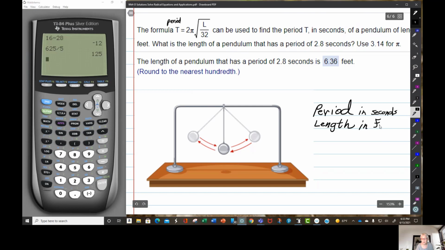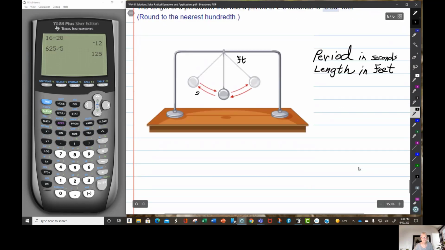So it's a big pendulum. Not a little pendulum like this. So this is going to be in feet. And this will be in seconds. Now, they're telling us that the period of the pendulum is 2.8 seconds.